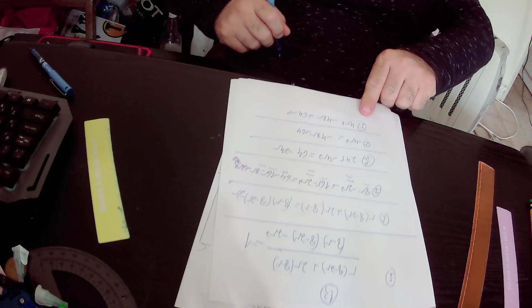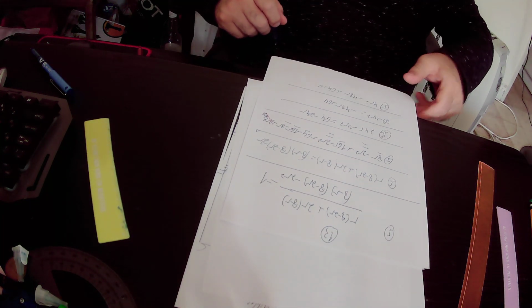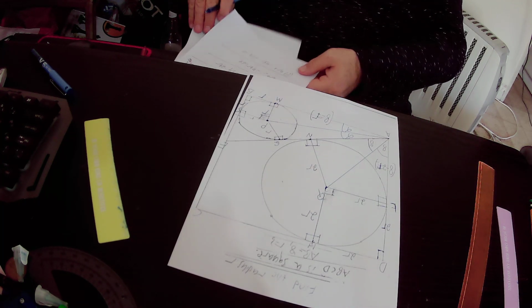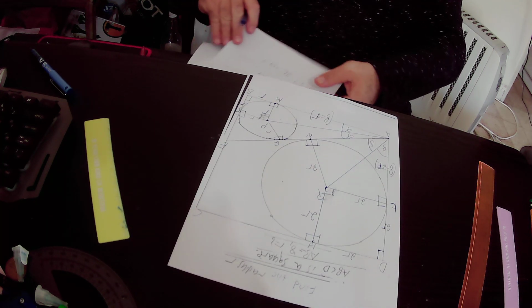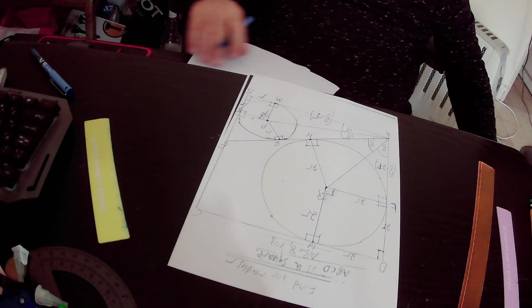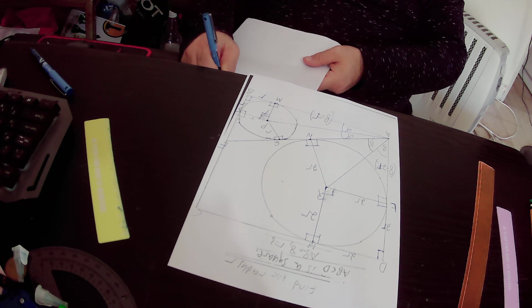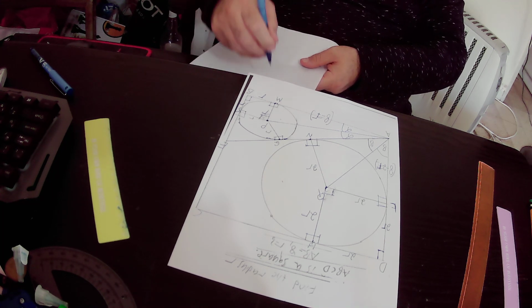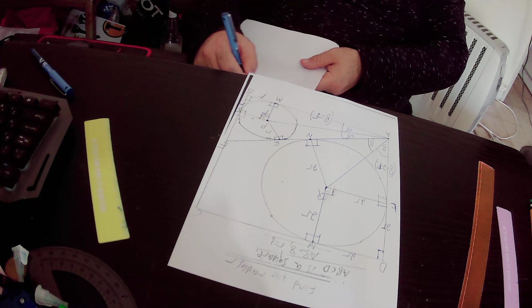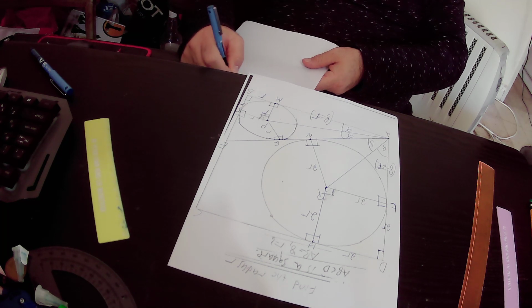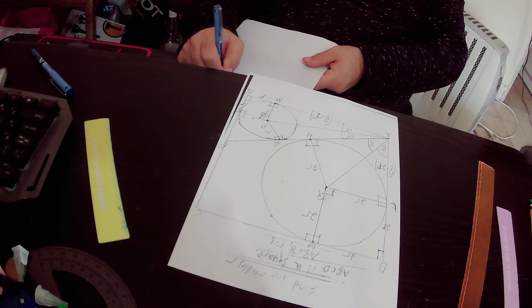We will divide this quadratic equation by 4 and we will get that r squared minus 12r plus 16 equals 0.